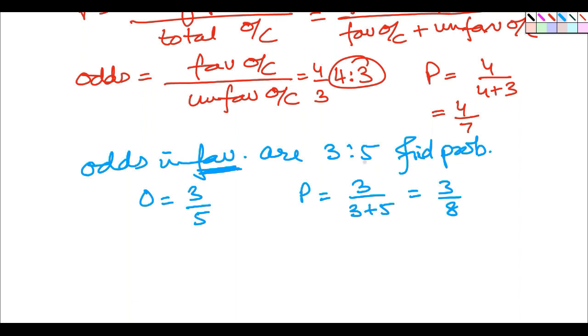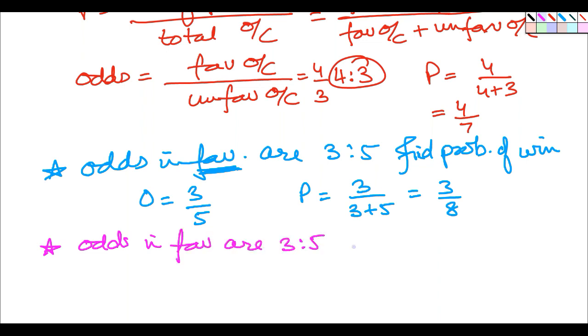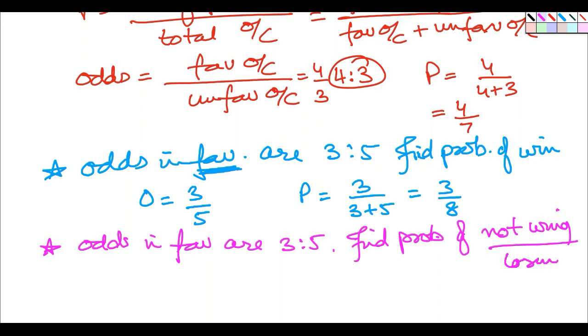Odds in favor are 3:5. Find probability of winning. Now have a look at this once again. Almost similar question. Odds in favor are 3:5. Find probability of not winning, or we can call it losing.